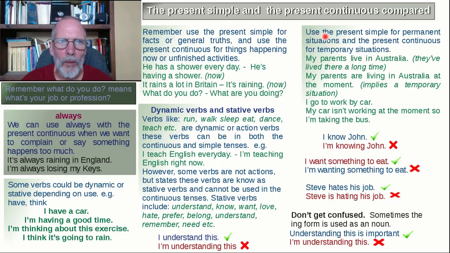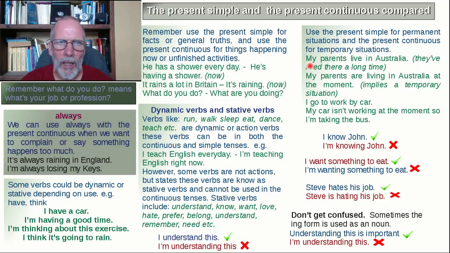Let's move over to this here. This is something new that we didn't see previously. It says use the present simple for permanent situations and the present continuous for temporary situations. So this is new information that we didn't see in the previous two sections.